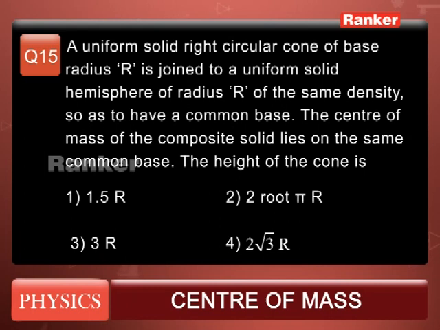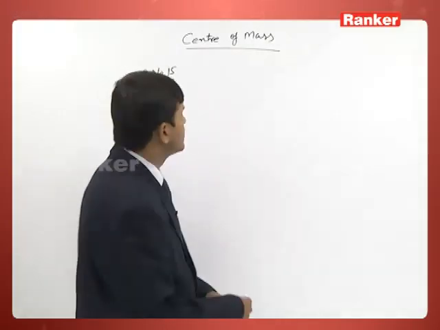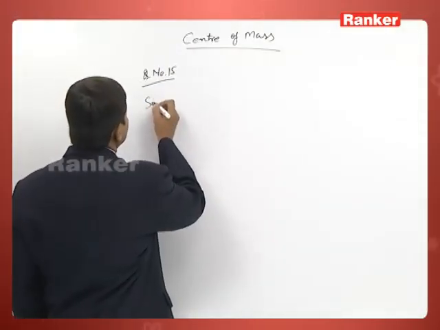The center of mass of the composite solid lies on the same common base. Then the height of the cone is? First option 1.5 r, second option root 3 r, third option 3 r, and the fourth option 2 root 3 r. So what is the meaning of this problem here?